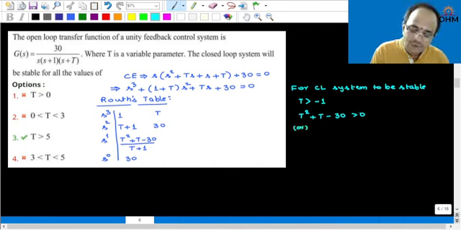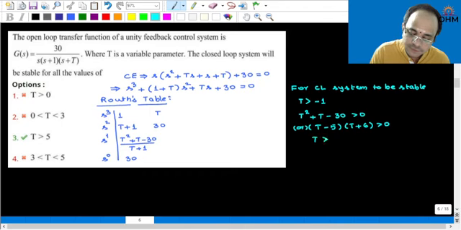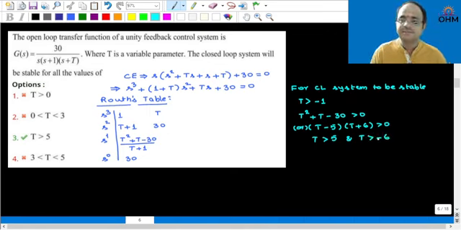If you find the roots for this, you will get T minus 5 into T plus 6 greater than 0. If you expand this, you get T square plus 6T minus 5T, which gives plus T minus 30, greater than 0. Hence, we can have a condition T greater than 5 or T less than minus 6.